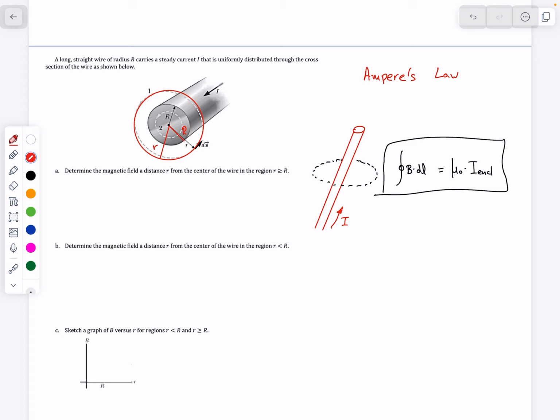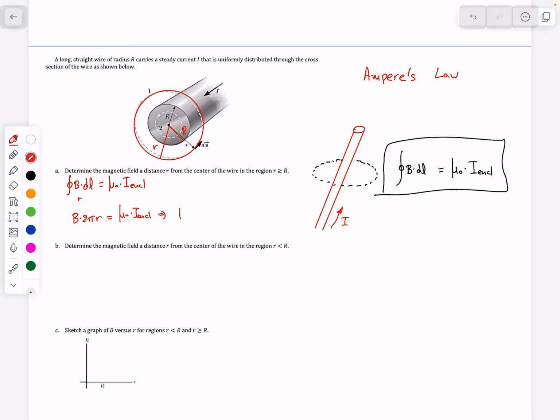According to Ampere's law, the integration of the magnetic field with respect to the length of the Amperian loop of radius small r is equal to the current enclosed multiplied by the magnetic permeability. The magnetic field multiplied by the integral of dl, which is the whole length of the circle, 2 pi r, is equal to mu times the current enclosed.